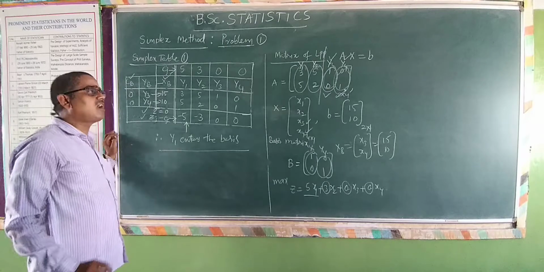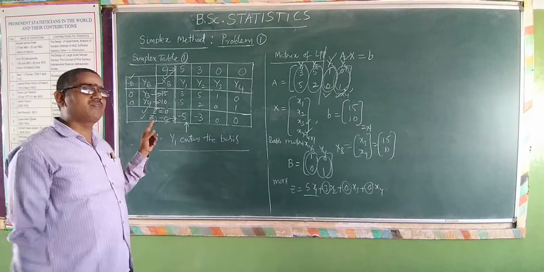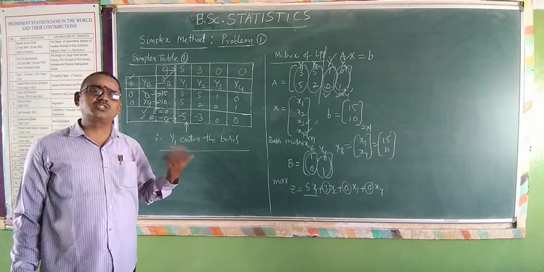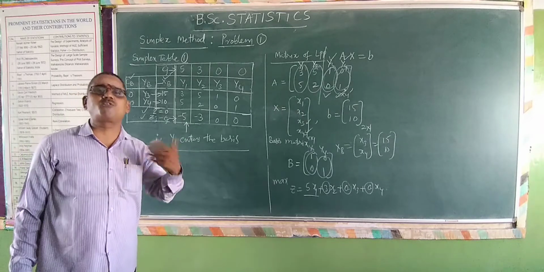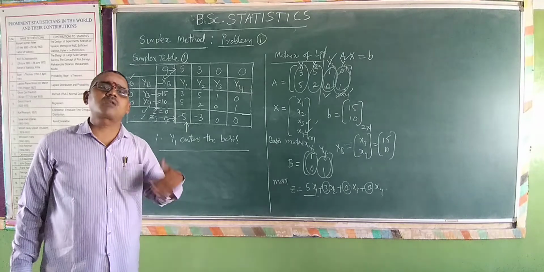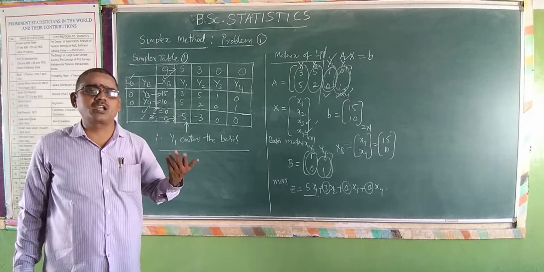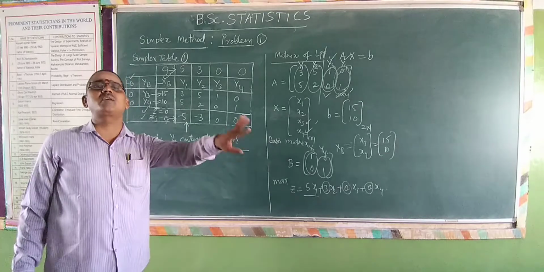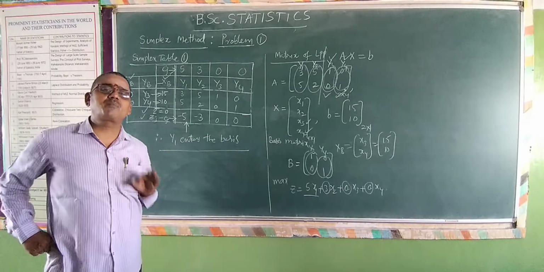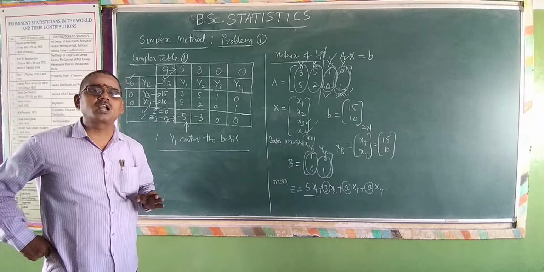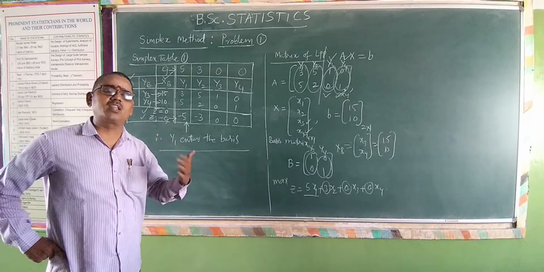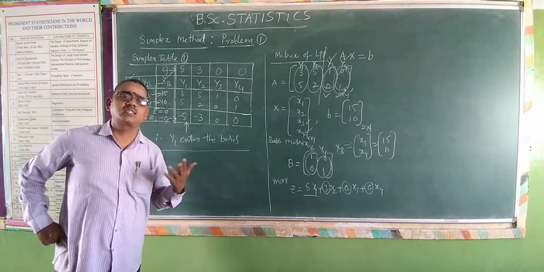After forming the table and calculating the net evaluations Zj minus Cj, if at least one Zj minus Cj is negative, then we go to the next step. We examine how many negative Zj minus Cj there are.